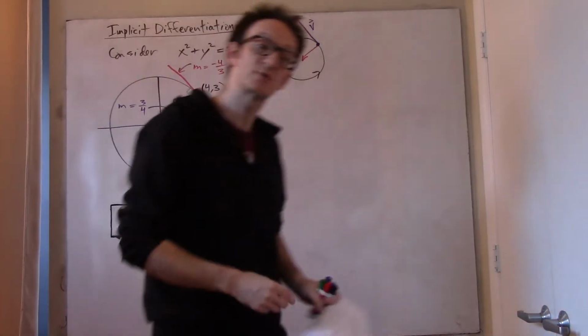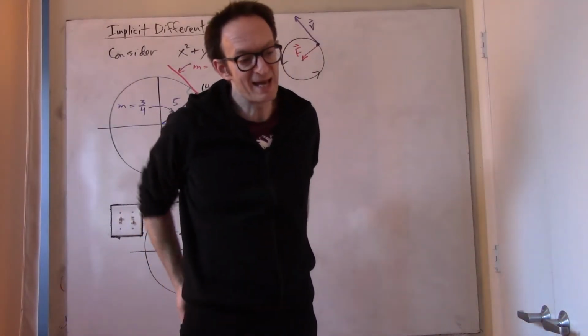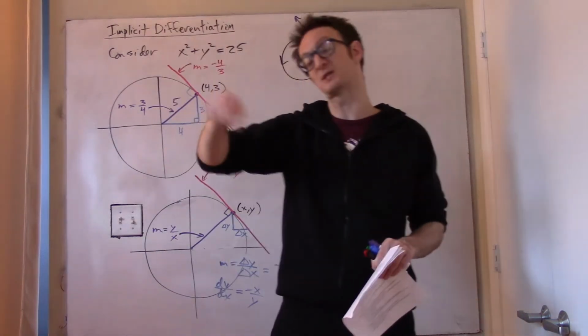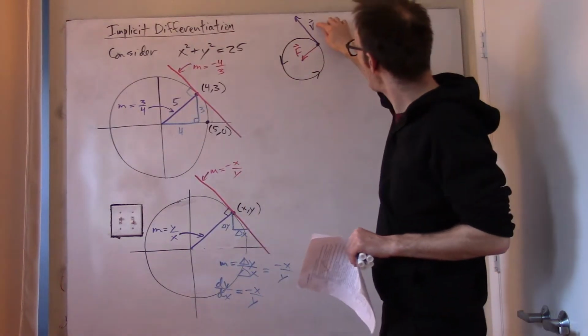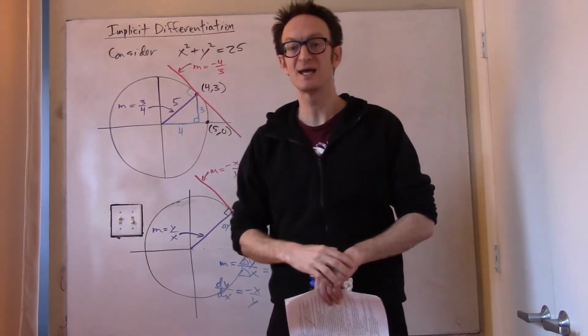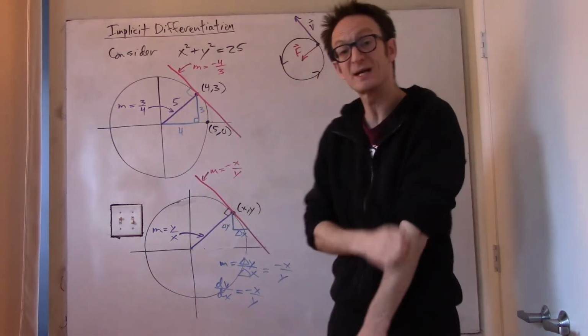And if you think about what that's really saying, at every single moment, as the object is spinning around and around in a circle, the instantaneous velocity at that moment is actually perpendicular to the circle's force.